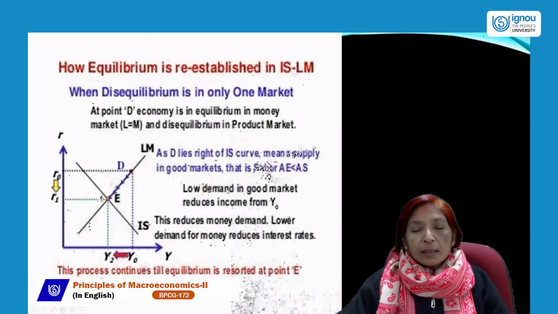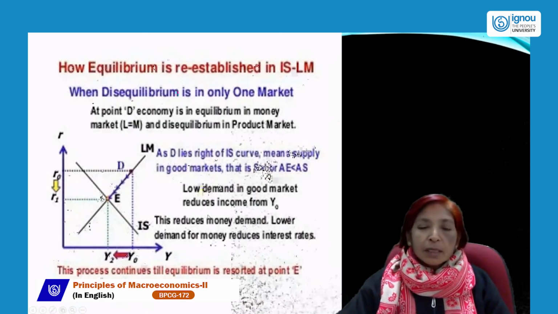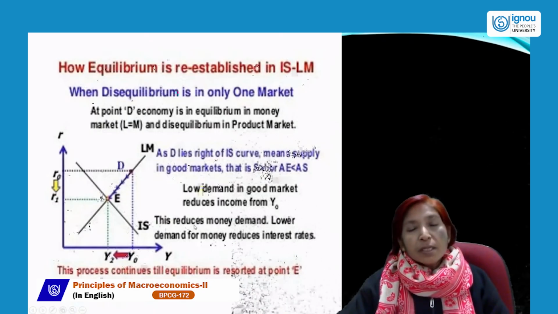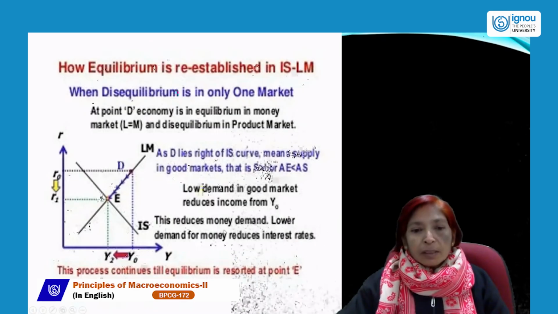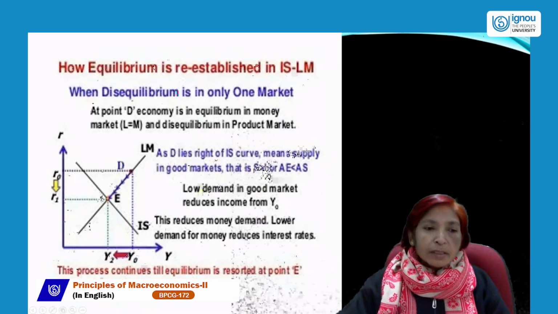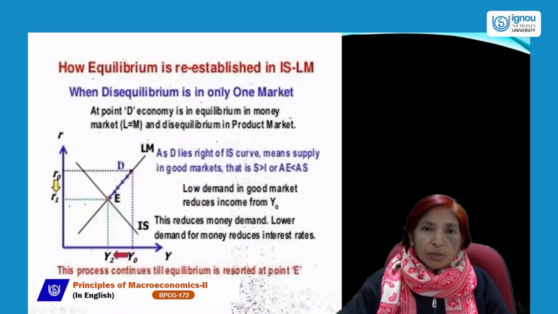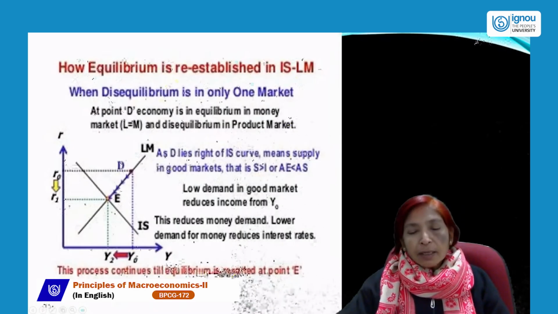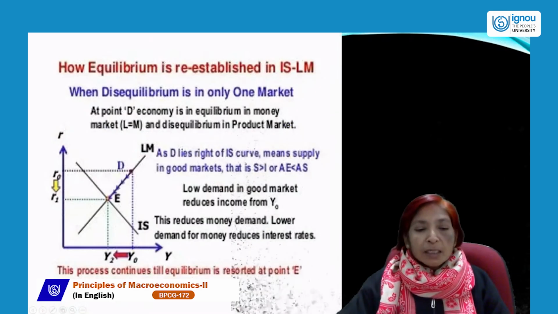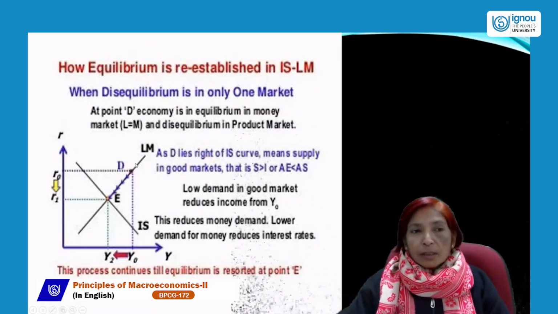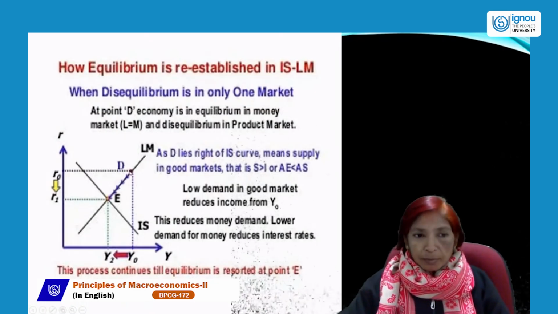So low demand in goods market reduces the income level from Y0. If income level falls, then money demand will also fall. Lower demand for money reduces the rate of interest. This process will continue until equilibrium is restored at point E, where both markets are in equilibrium.